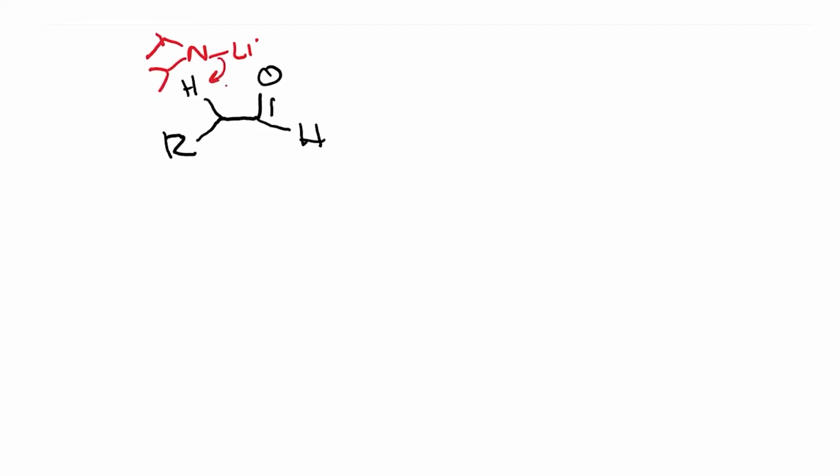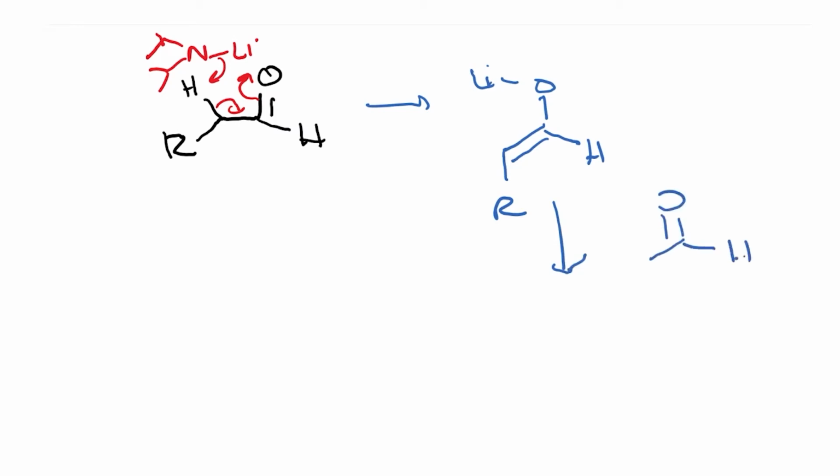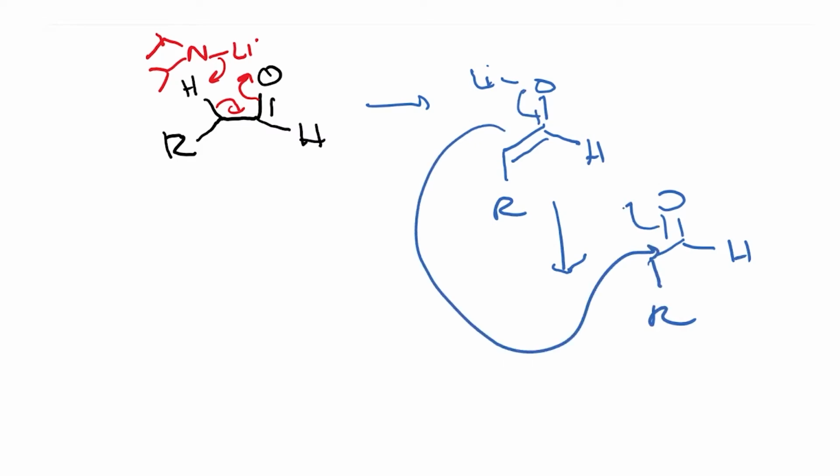This kind of reaction can occur and give you the corresponding enolate. The only problem that we face frequently is that the aldol reaction, that is the reaction with itself, dominates, and after you do the workup, you end up getting the aldol product.